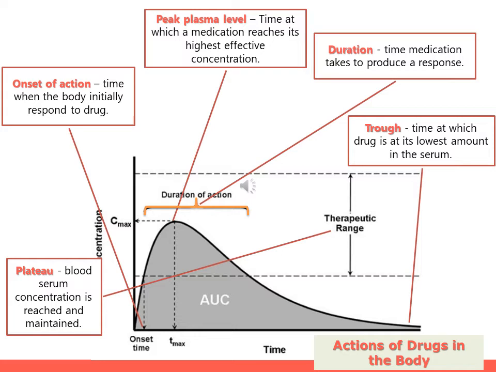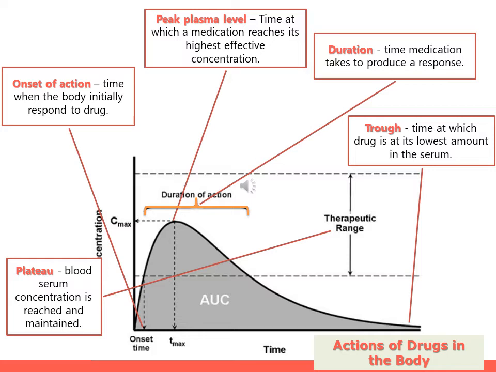Now, duration is very important. It is the time medication takes to produce response. And you would see in this photo the duration of time response. Once the duration is reached, the effect will eventually go down and the patient will start to experience the symptoms again.